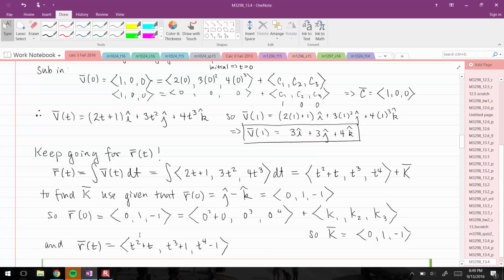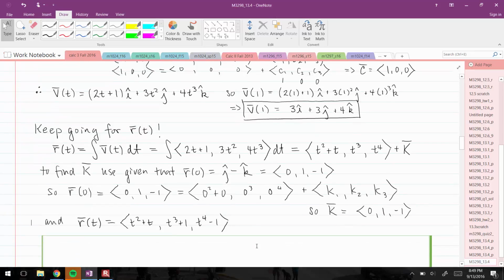For the 0 here initially in the x, we don't have anything to add for the x component, but for the y and the z, we do have some things to add on, a plus 1 and a minus 1.